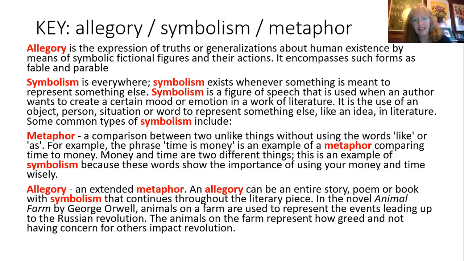Allegory is an extended metaphor. And an allegory can be a whole story, like Animal Farm, the book we're going to read. If you need to read this again, please pause now. Otherwise, we're going to move on. Okay.